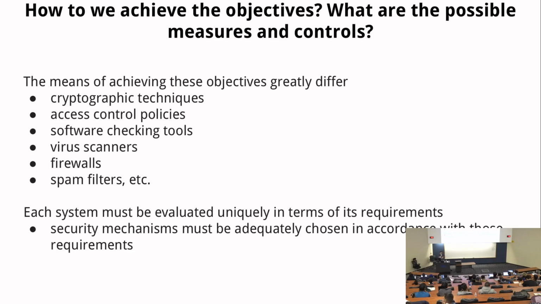That's why the first topic we will cover in this class is crypto. We talk a little bit about how those crypto algorithms are designed, but this is not a crypto design class. Then there are different access control policies, access control mechanisms, also software checking tools. How do you find the vulnerabilities of a software before the software is delivered?